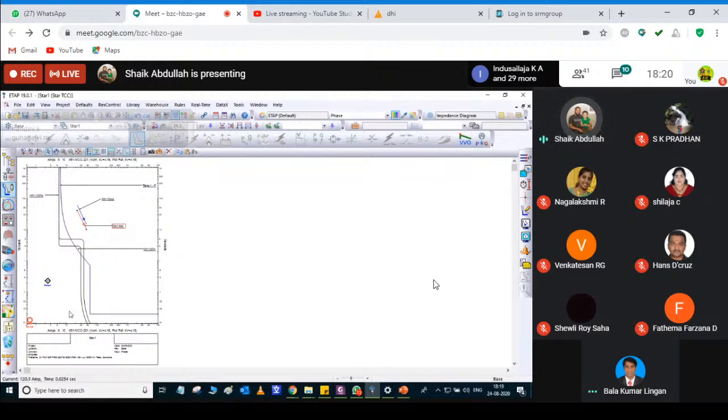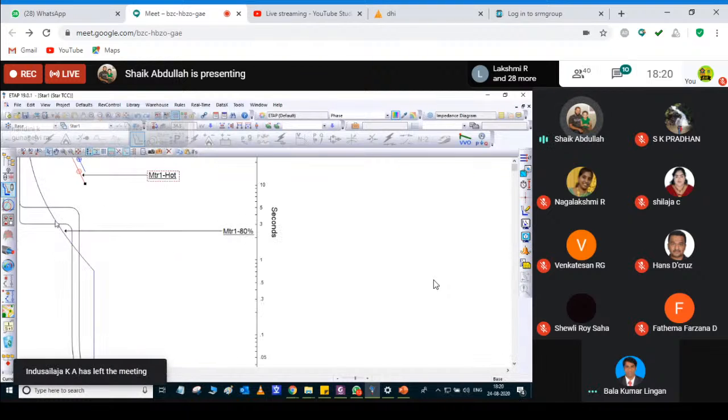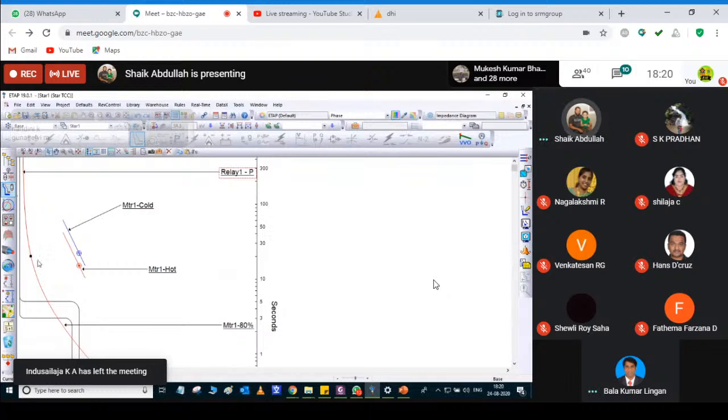The philosophy is that all your protective curves, any 50 and 51, IDMT and DMT curves, are now integrated together. These curves are not supposed to clash with any curve, any starting curve. So you have to adjust the time dial.